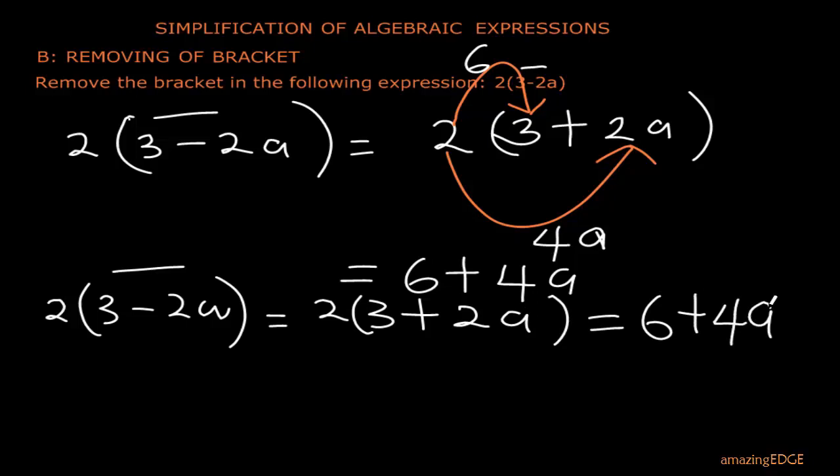Then one more thing, in handling this kind of opening of brackets or removing of brackets, we don't need to be drawing the arrow each time, but the arrow is just to give us the clearer pictures.